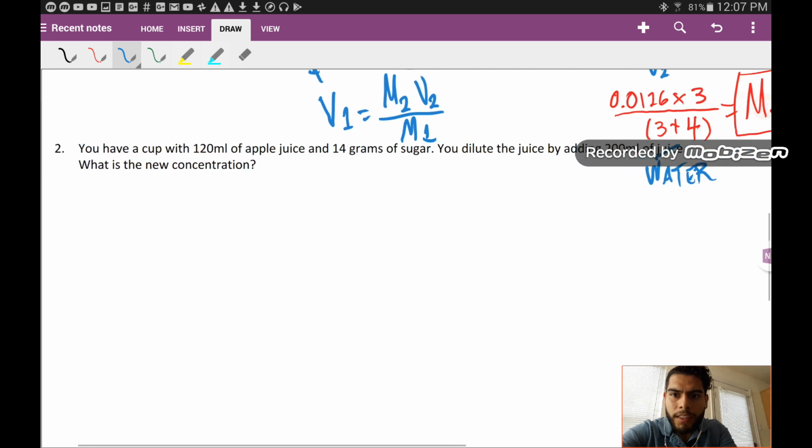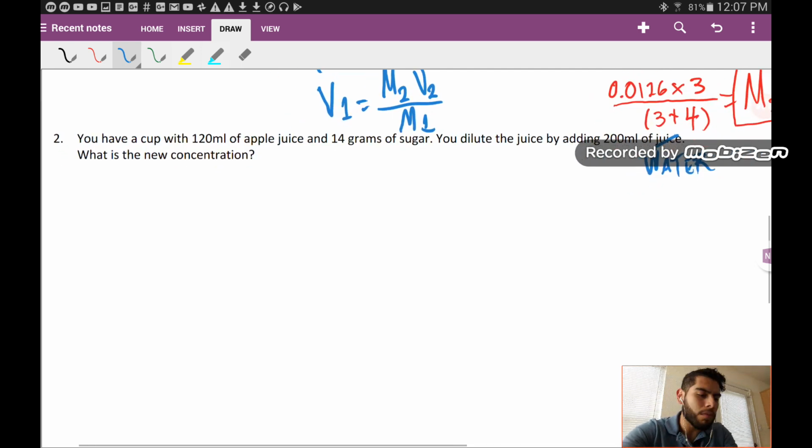What is the new concentration? This problem is a little bit different because they are giving us grams of sugar, so we have to calculate the number of moles and then calculate the molarity. We need molarity, but we don't have it. We have to calculate it first.